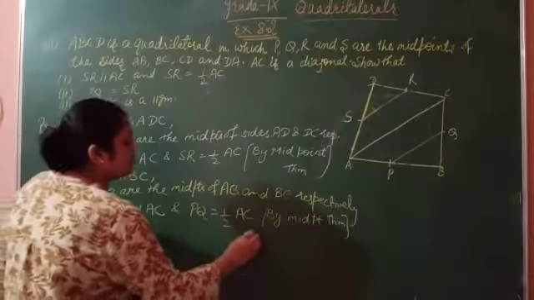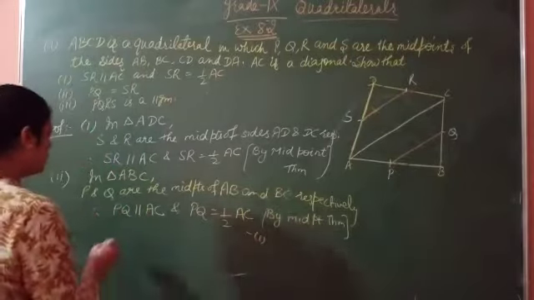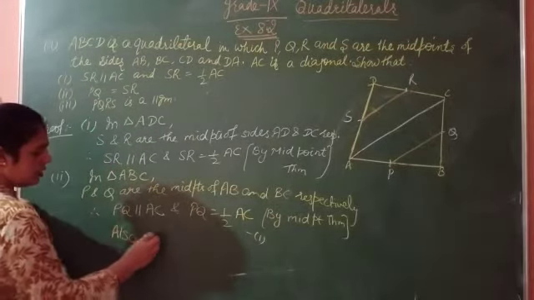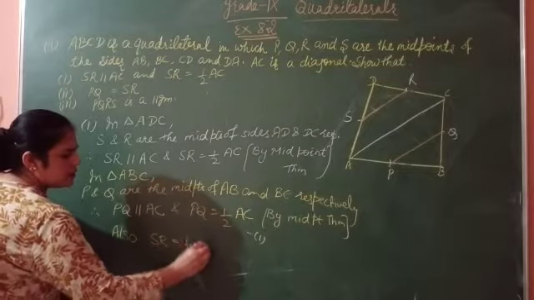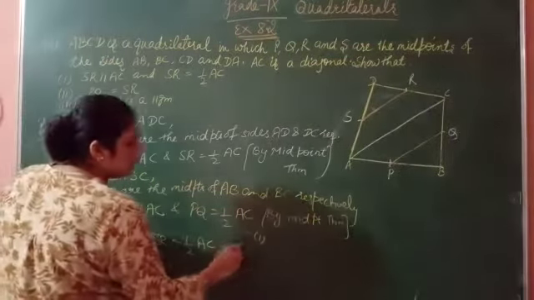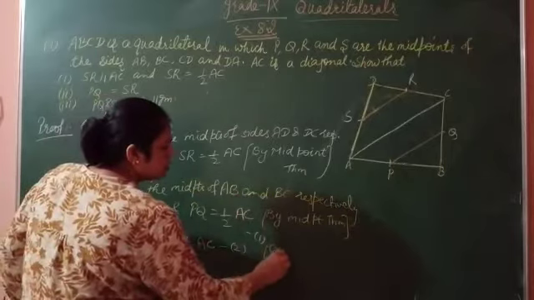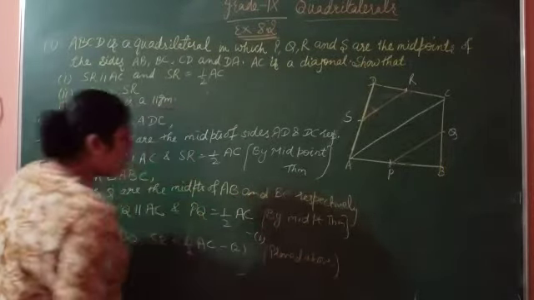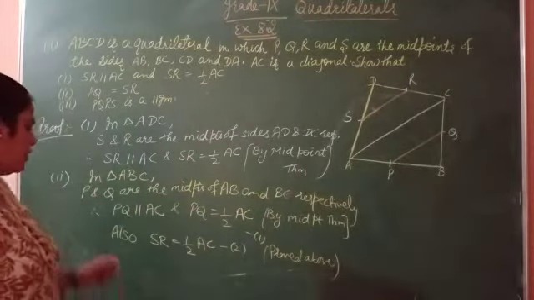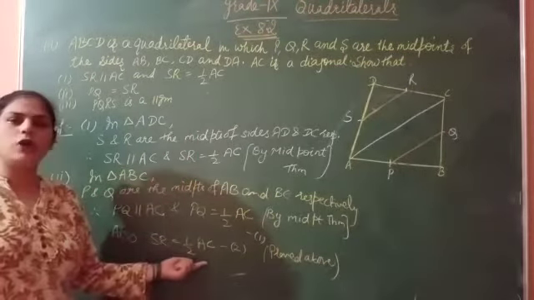Take this with our first part, that SR is equal to half of AC. Why? We proved it above. So PQ is equal to half of AC, and SR is also equal to half of AC.